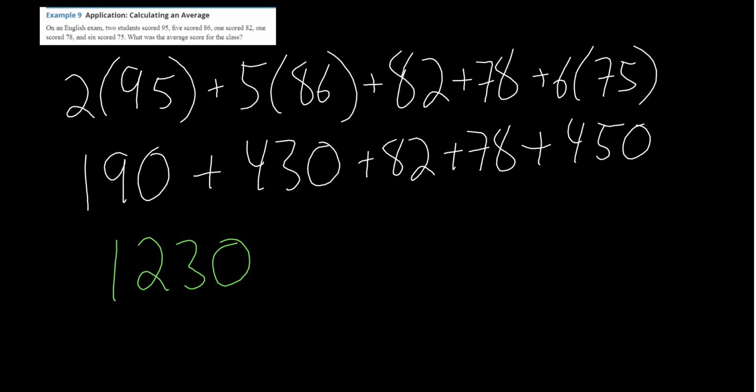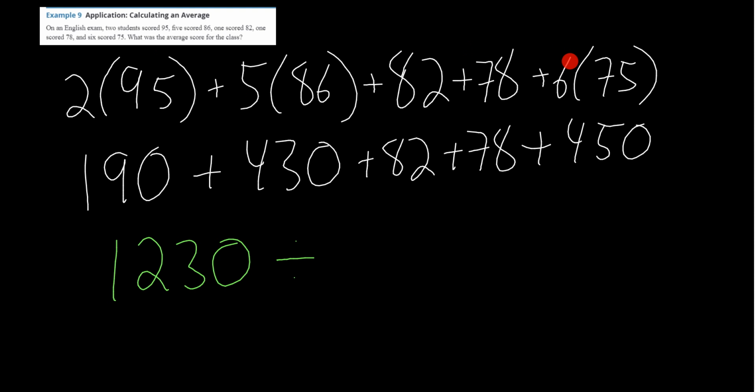1230, right? Well, now we have to divide it by the number of tests, okay? So it's not 5 numbers, right? We had 2 students score 95, 5 scored 86, 1 scored 82, 1 scored 78, and 6 scored 75. So essentially, 2 plus 5 is 7, plus 1 is 8, plus 1 is 9, plus 6 is 15.